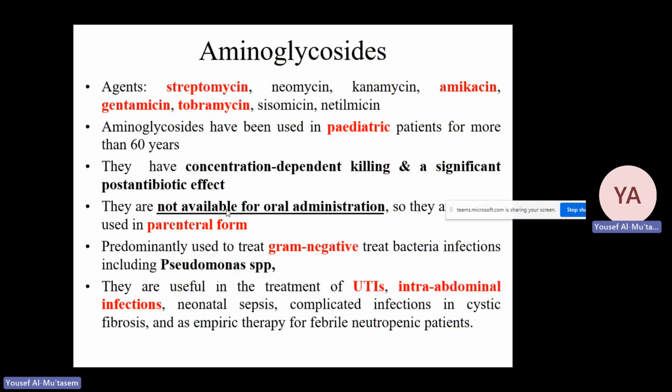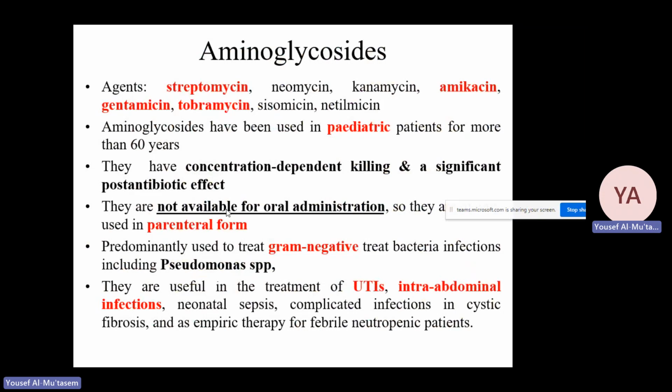The aminoglycosides, as I said a minute ago, the most common ones are amikacin, gentamicin, and tobramycin, the ones in red, while streptomycin is usually used as a second-line agent in cases of tuberculosis.